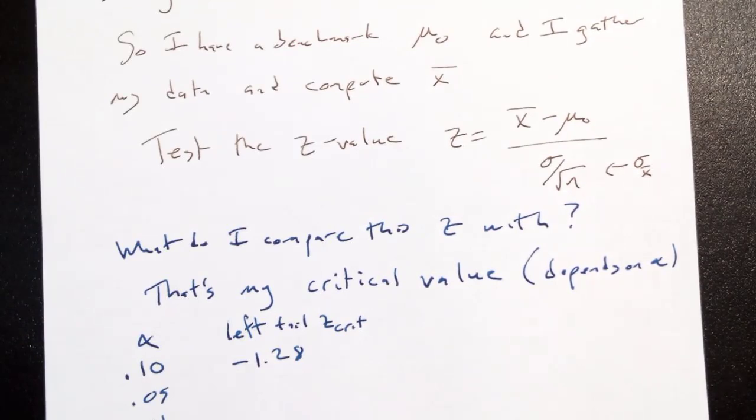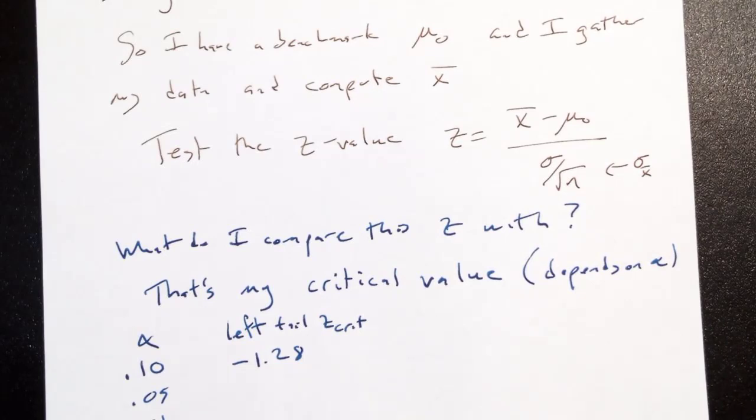Okay, where's normal inverse? It's all the way at the bottom. NORM.INV. What's my probability? My probability is 0.10. My mean is 0. My standard deviation is 1. Negative 1.28. There's the same value.